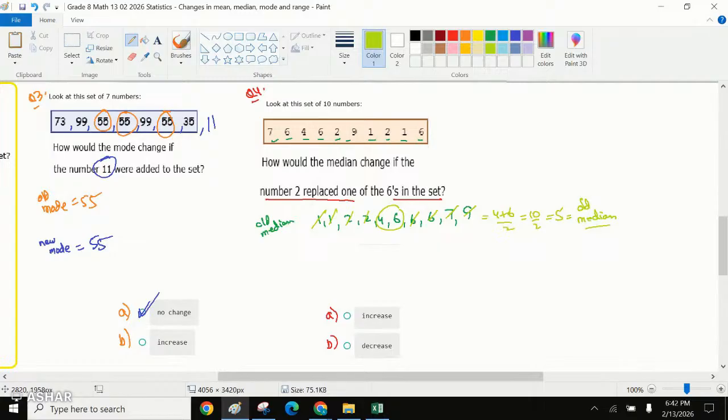What about the new median? The new median would be when 2 replaces the 6. That means we had 2 ones, we had 3 twos, 1 four, 1 six, 7 and 9. Let's see if the median will change.